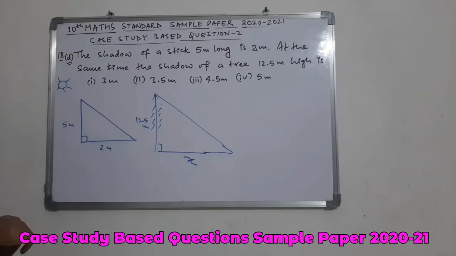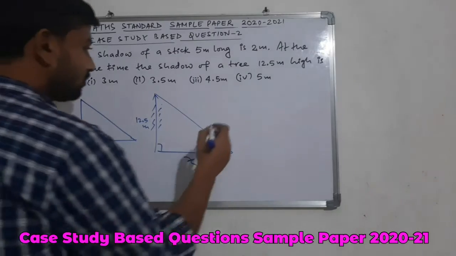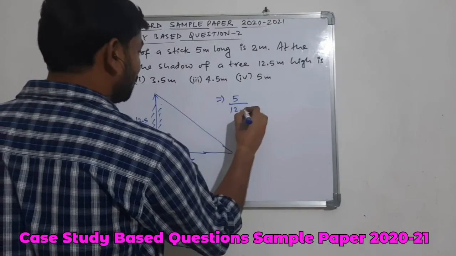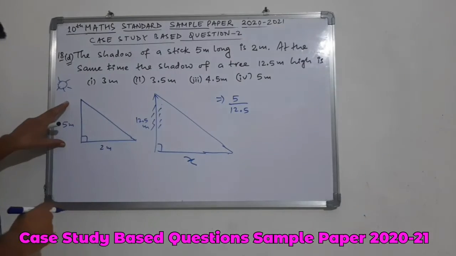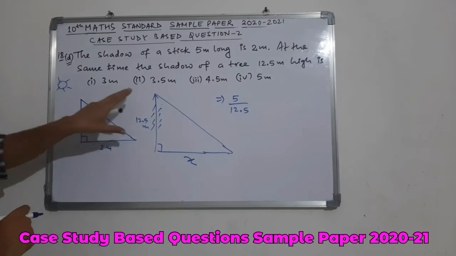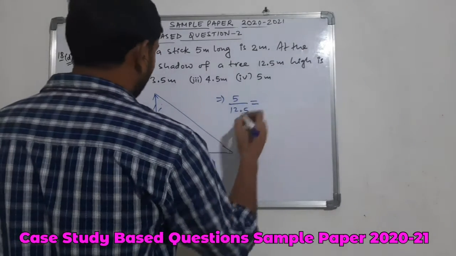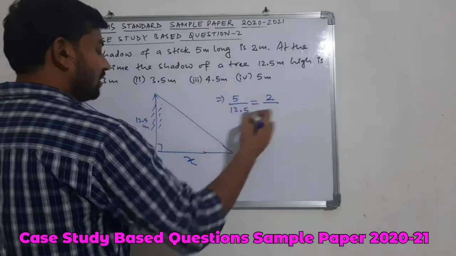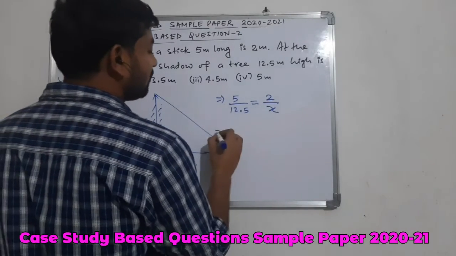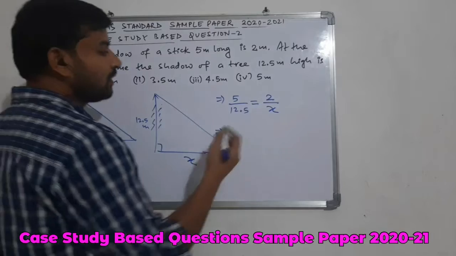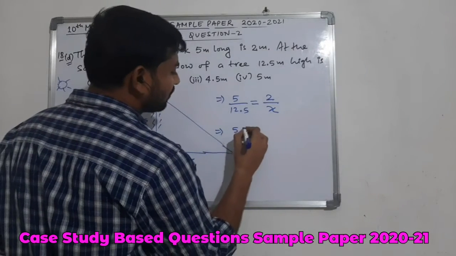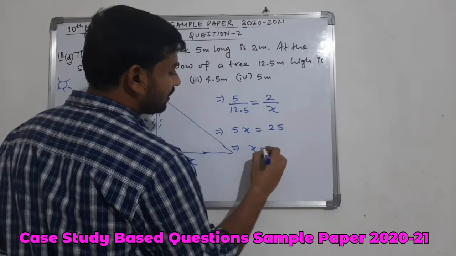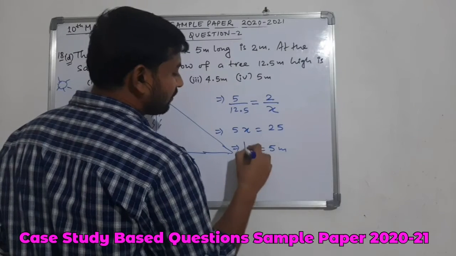So if they are similar, then the ratio of corresponding sides will be the same, that is 5 upon 12.5, the height of the stick upon the height of the tree, is the same as the length of the shadow of the stick, that is 2 meters, upon x, which we have to find, the shadow of the tree. When we cross multiply this, we get 5x equals 25, and from here x comes out to be 5 meters.